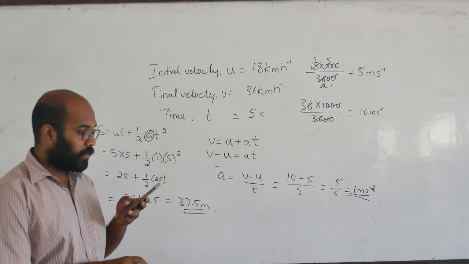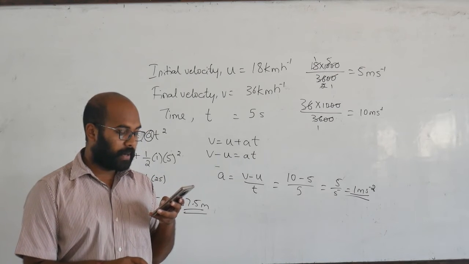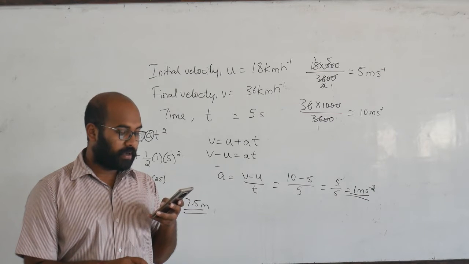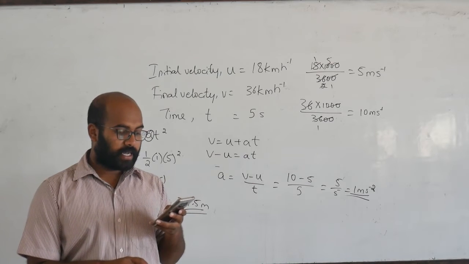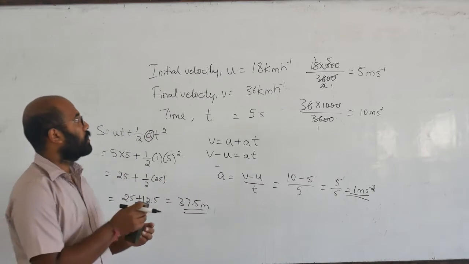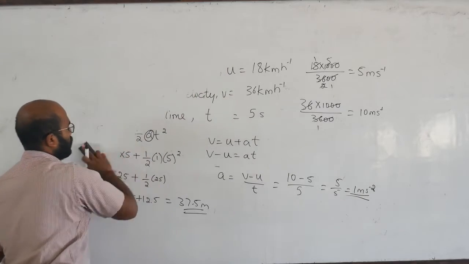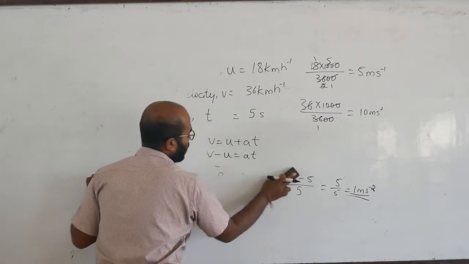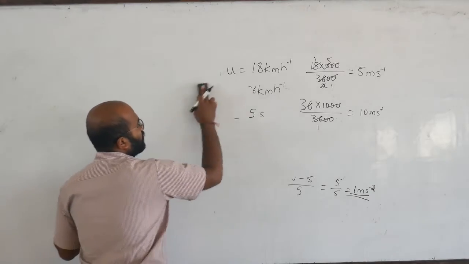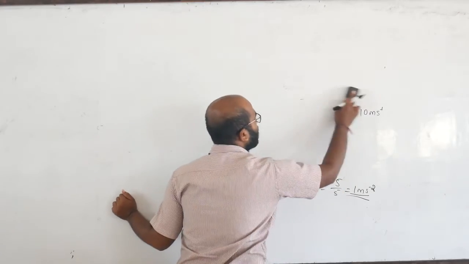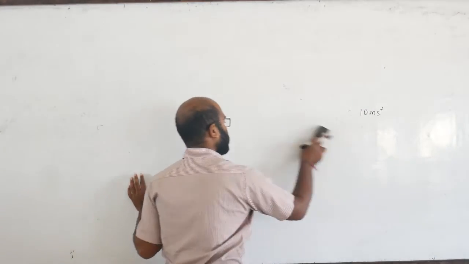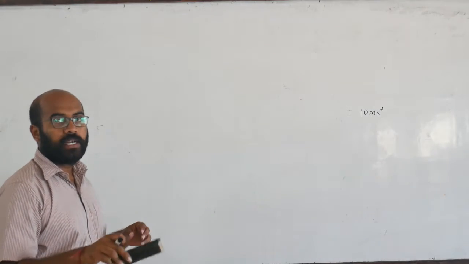So here they have given acceleration, but this acceleration is not increasing the speed of the car, it is decreasing it because brakes are applied. So this is also called deceleration.